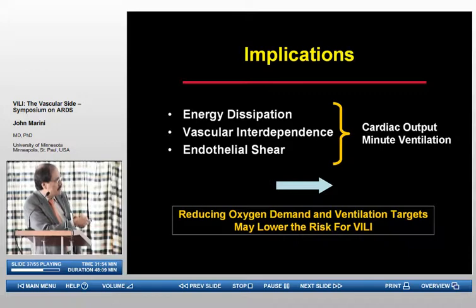Now, these things are influenced by cardiac output and minute ventilation. And there's an emerging theme here that reducing oxygen demand and ventilation targets may lower the risks for ventilator-induced lung injury. We seldom talk about that, but I think it's very important in the first stage of caring for these patients that we don't let them labor.